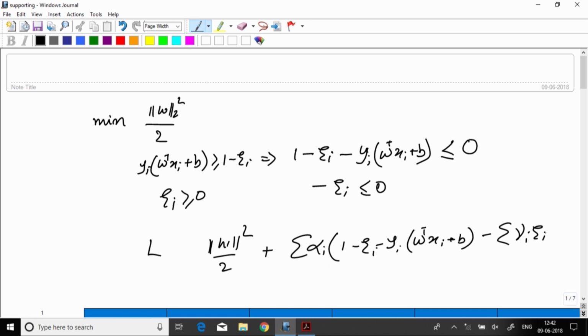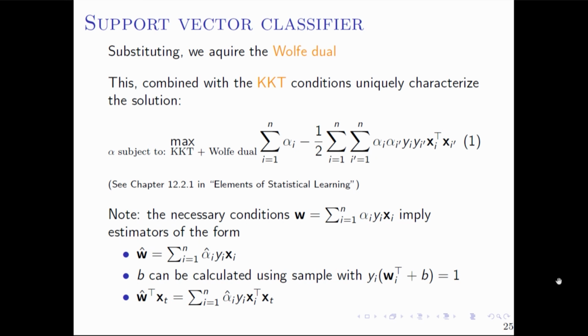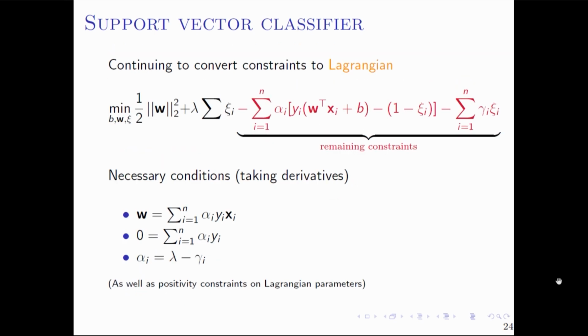Okay, and we will have this dual feasibility, that all these alphas are at least 0 and these gammas are also at least 0. This is the dual feasibility. I have taken the other sign, so that minus sign was not there for me, but it is the same thing, the same dual function.